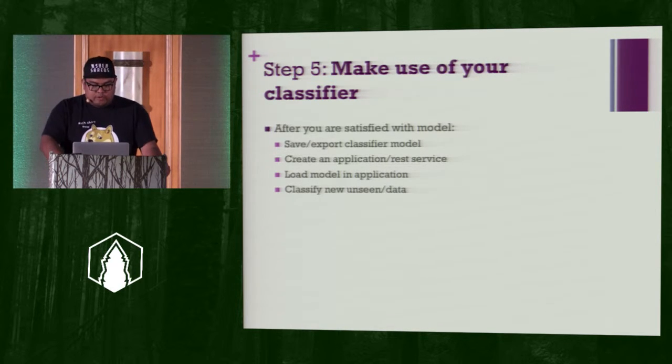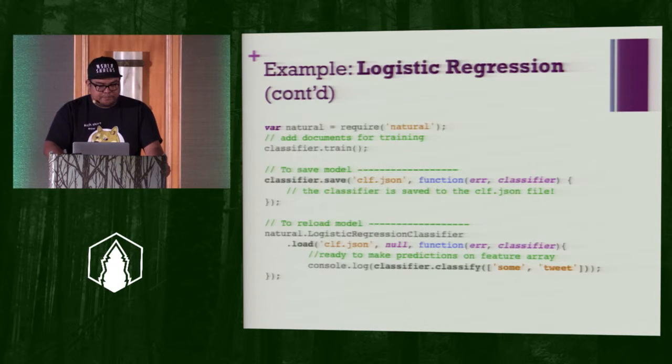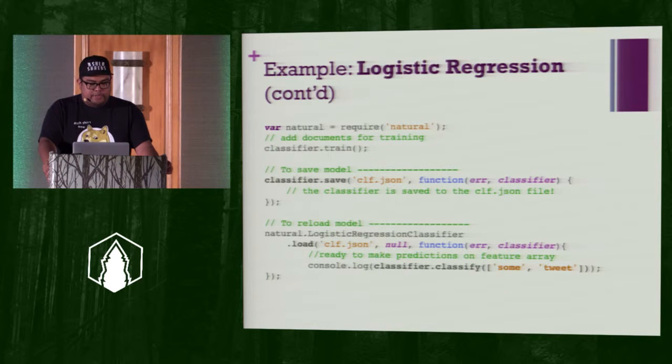So moving forward with our logistic regression example with Natural, after you train by sending through all these tweets, you can call a save method, which will save the parameters relevant to your algorithm in a JSON file. And later on, when you're ready to do predictions, you can load this up again without retraining all over, and then make predictions on new tweets that come through.